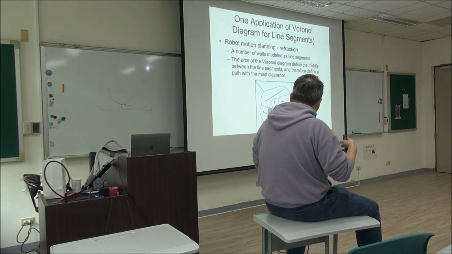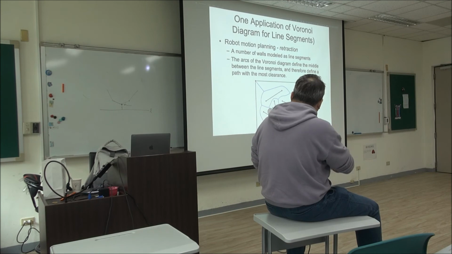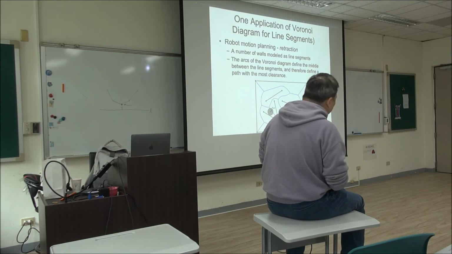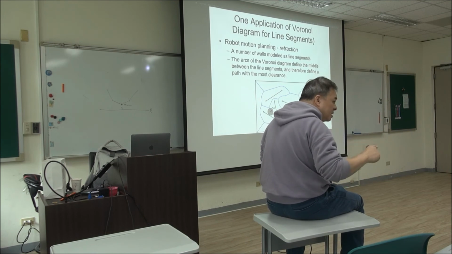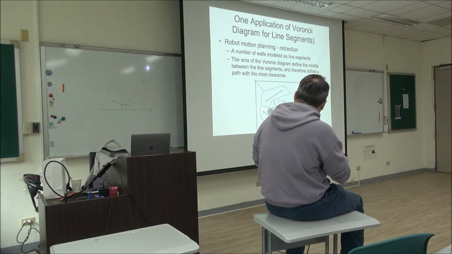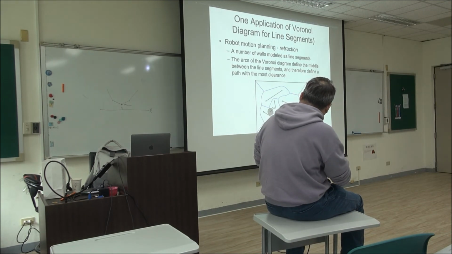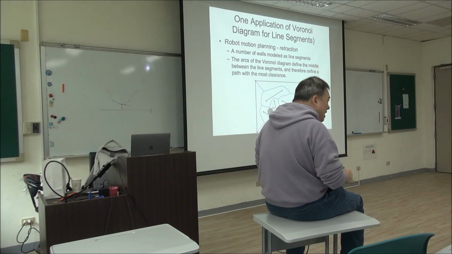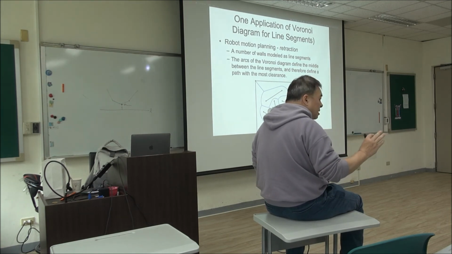So to be exact, in this particular example, we actually have 9 segments. And just want you to know, the blue line indicates the Voronoi diagram for these 9 line segments.